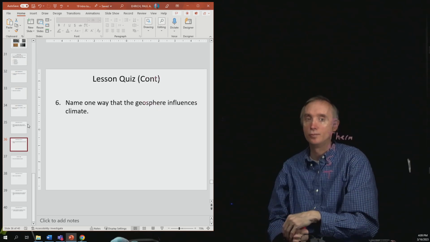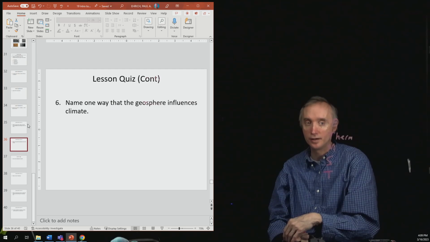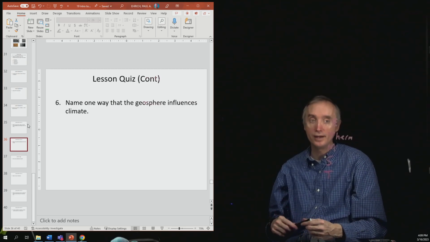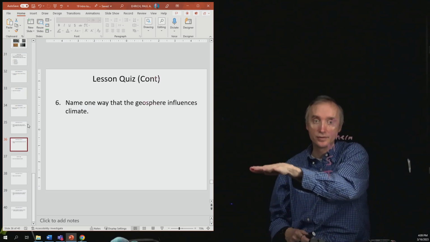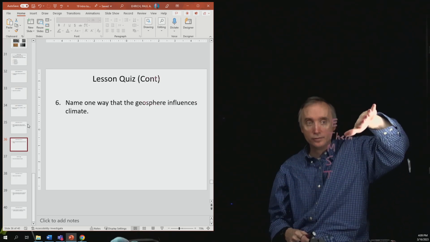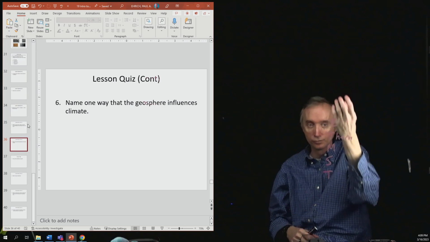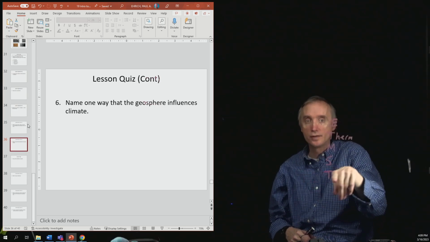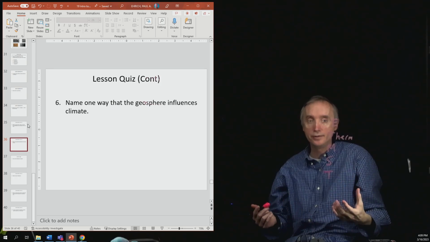Number 6, name one way that the geosphere influences climate. So we talked about rain shadow, so that as moist air approaches a mountain, it has to climb the mountain, and as it climbs it, it releases its water, so that by the time it gets over the mountain, it's dry.